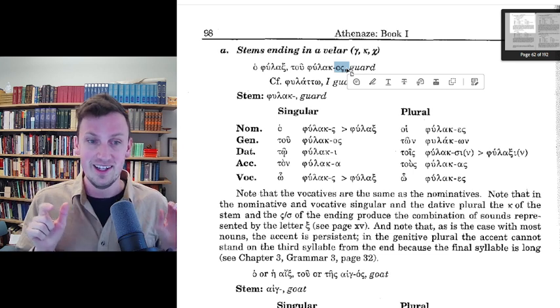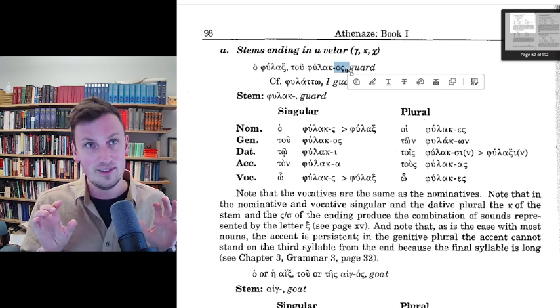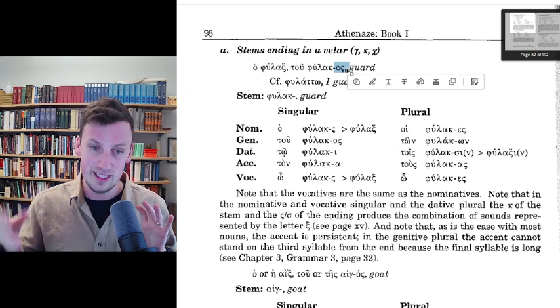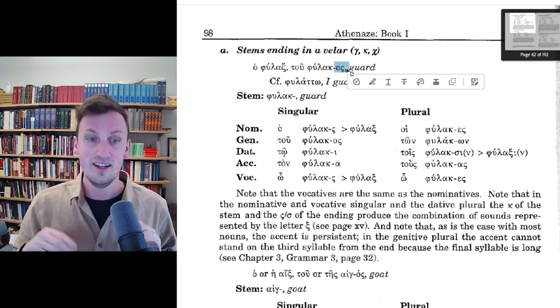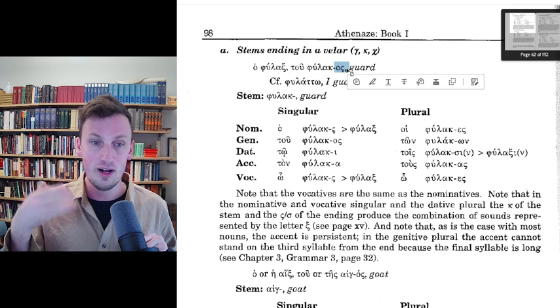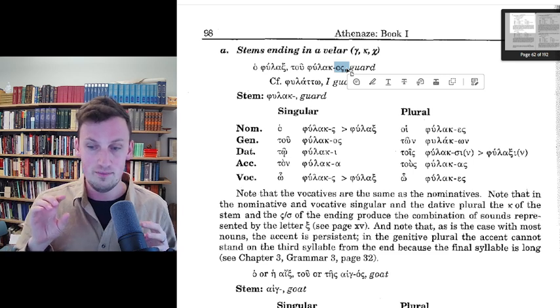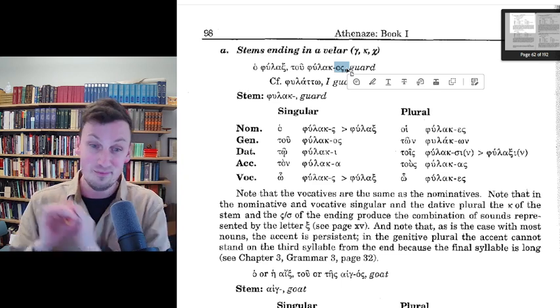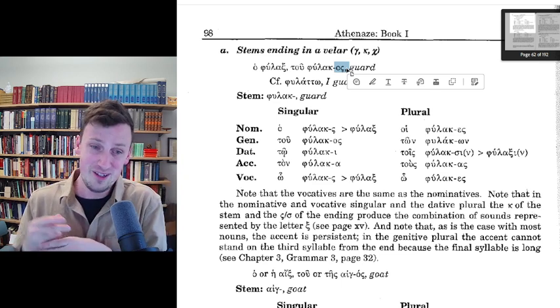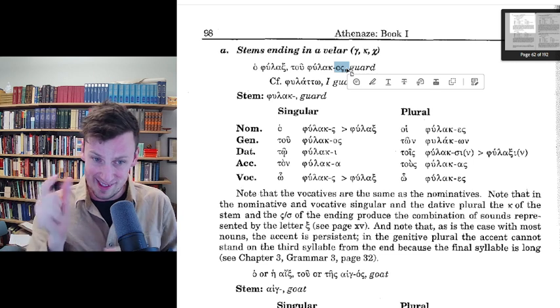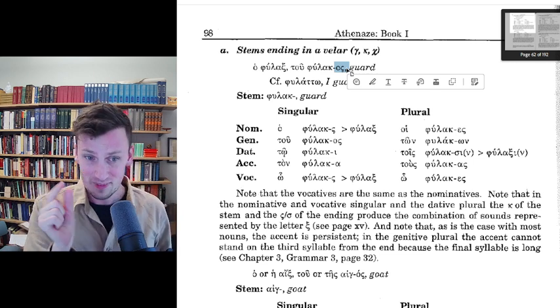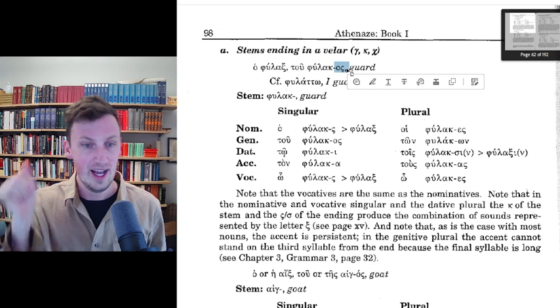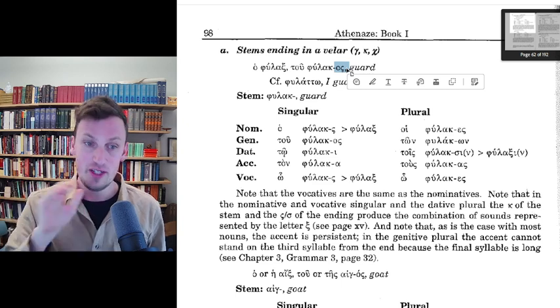So kappa, gamma, chi: those are all going to become xi. All the pi, beta, phi ones, the plosives, are all going to become psi. So there are rules here. They're not hard to learn, but they're really easy to recognize because you have something with a sigma built into it, and an iota means your dative plural, as opposed to just an iota, which means your dative singular.